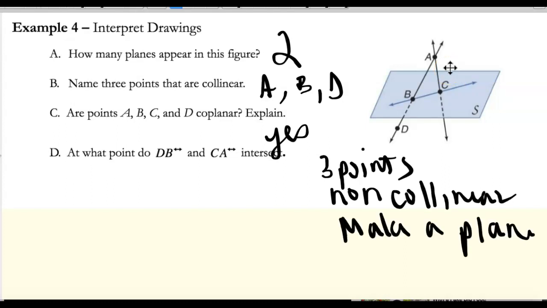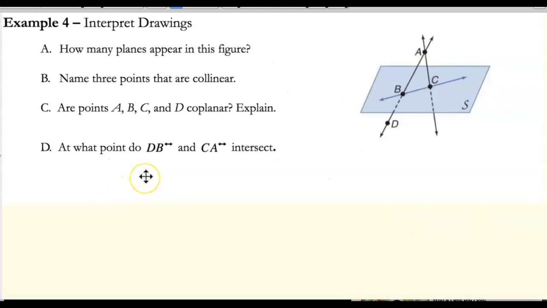So in part D, at what point do line DB and line CA intersect? At the intersection point, it appears to be at that point, and that would be your point A. This next one is for you to pause the video and work out. We'll come together and work out the problems in just a moment.